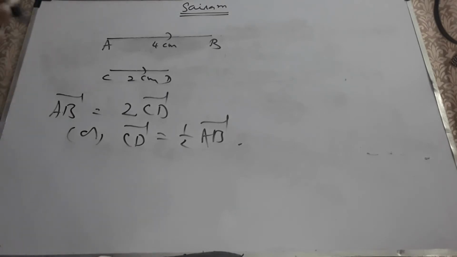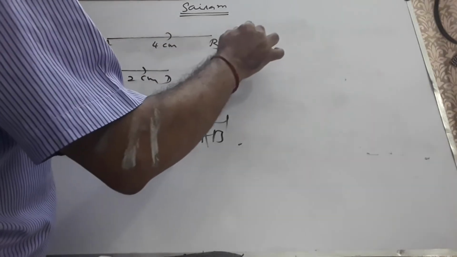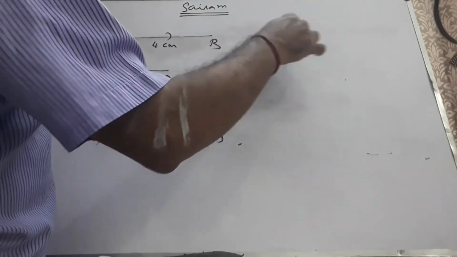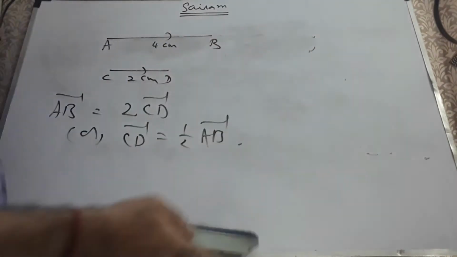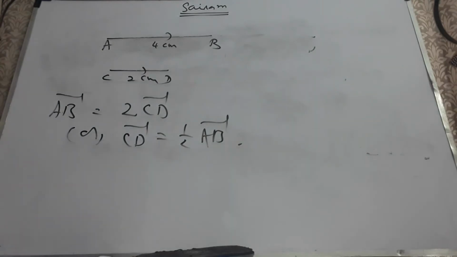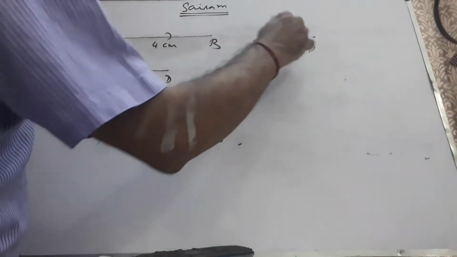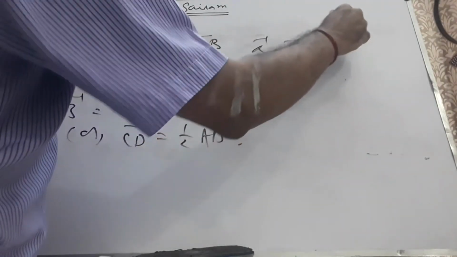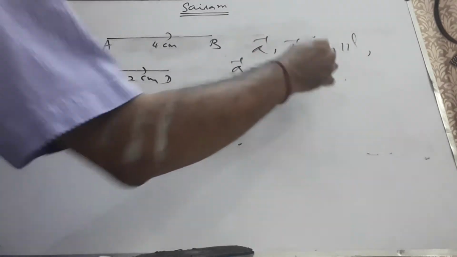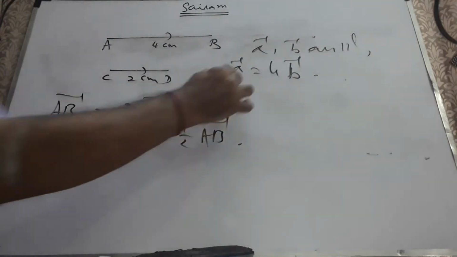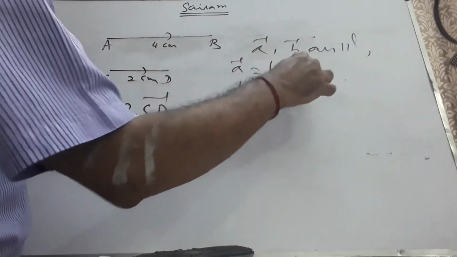Therefore, you can generalize: if two vectors a vector, b vector are parallel, then I'll be able to write a vector as k times b vector, where k is a scalar.